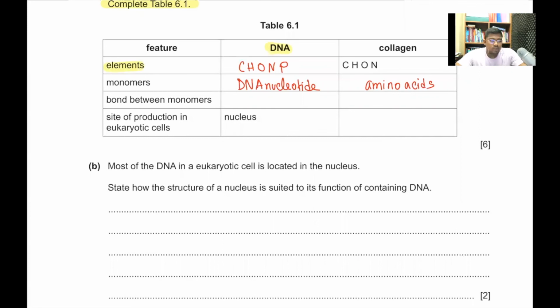Bond between the monomers will be phosphodiester, and in collagen it is going to be peptide. Site of production in eukaryotic cells: for DNA it will be in the nucleus, and collagen will be in ribosomes.